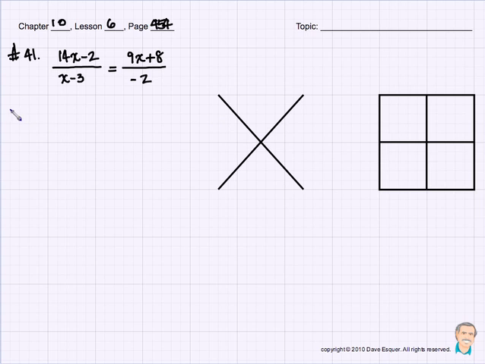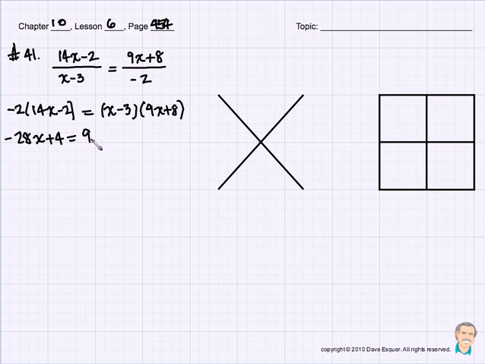So let's crisscross applesauce. We have minus 2 times 14x minus 2 is equal to x minus 3 times 9x plus 8. We end up with minus 28x plus 4.